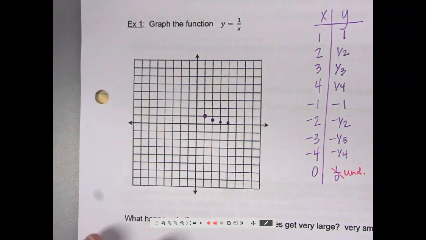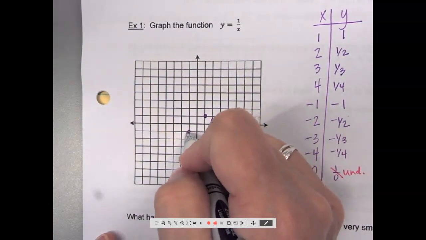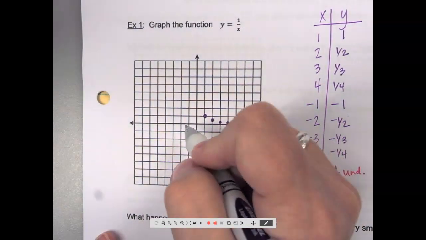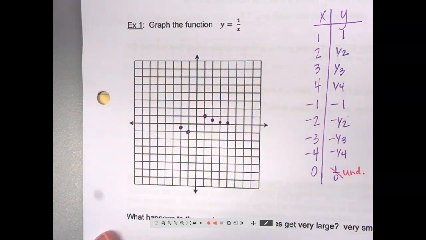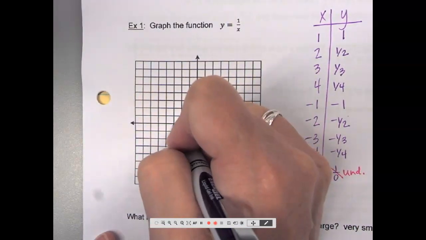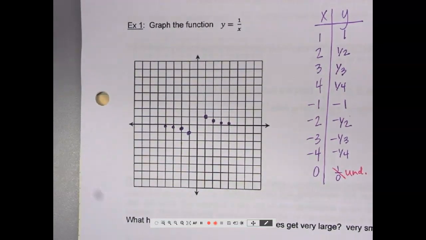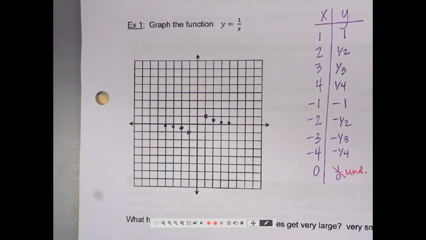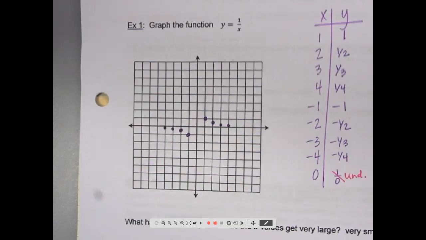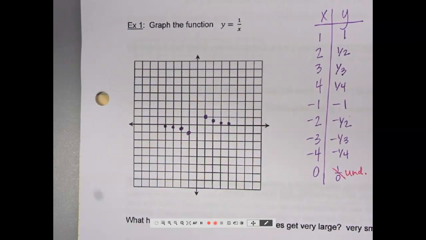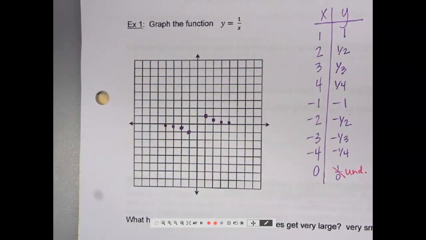Okay, then I have -1, -1. -2, -1/2. -3, -1/3. Okay, what is that graph? It's not very telling, is it? Like, it doesn't look like anything I've ever graphed. Not really, but it doesn't look like anything readily recognizable, right?